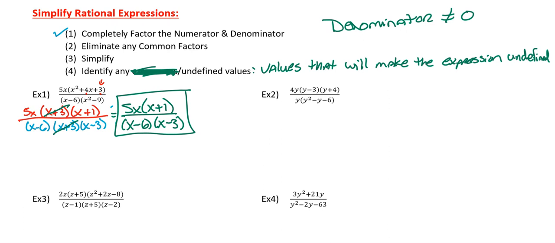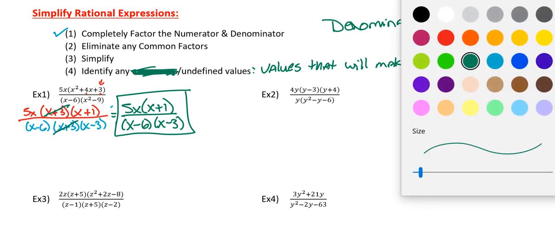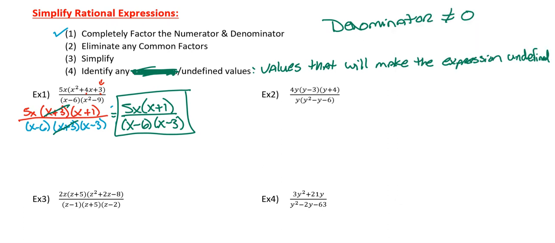So the values that are going to make the expressions not possible will be anything that would make the denominator 0. So the undefined values or extraneous values would be anything that would make the bottom 0. So in this case, it would be 6. And technically, you would do x minus 6 equals 0. This would be negative 3. And this would be plus 3.